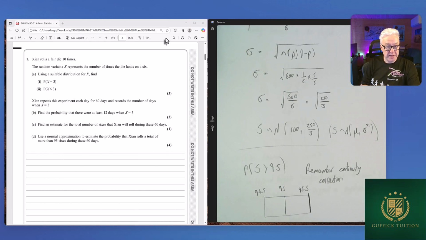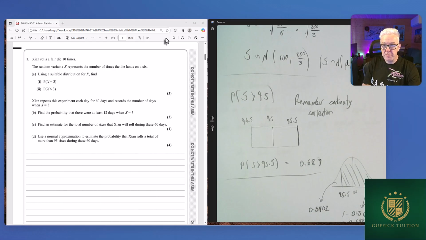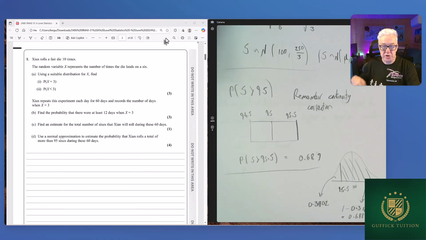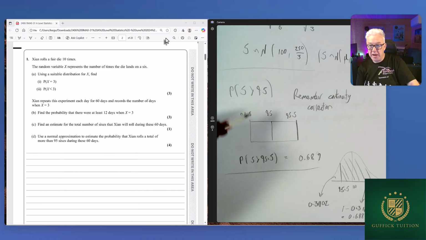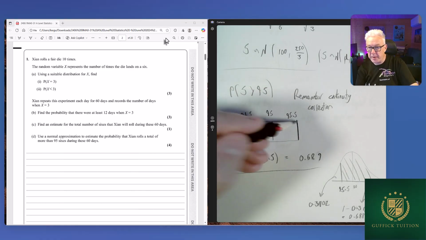Now, we've got to work out the probability of more than 95 6s. We've got to remember to apply a continuity correction because we're going from a binomial, which is a discrete distribution, to a normal distribution, which is continuous. So there's our 95. We've got to think about our lower bound and our upper bound.